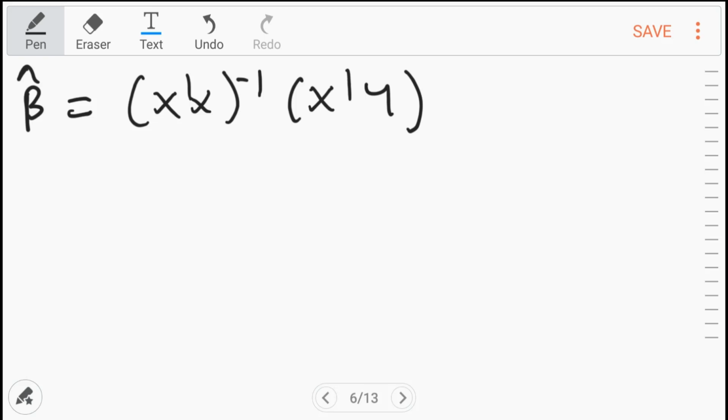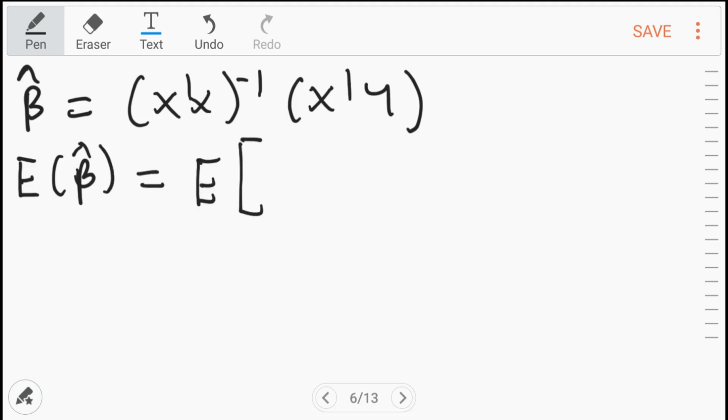Now let's find the expected value of beta cap. The expected value of beta cap is equal to the expected value of this whole matrix, x prime x inverse times x prime y.